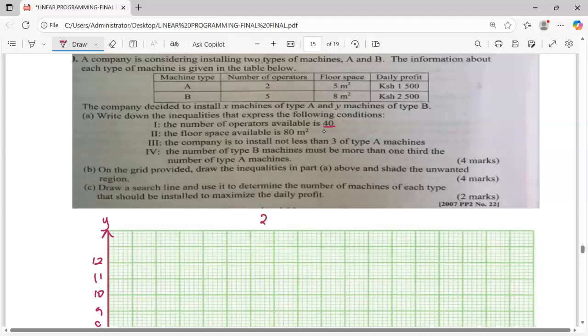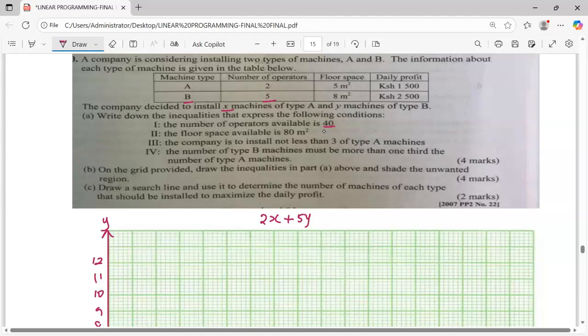We have two operators in machine A, and the number of machines installed is X, so the total will be 2X, plus 5 operators in machine B, giving 5Y.